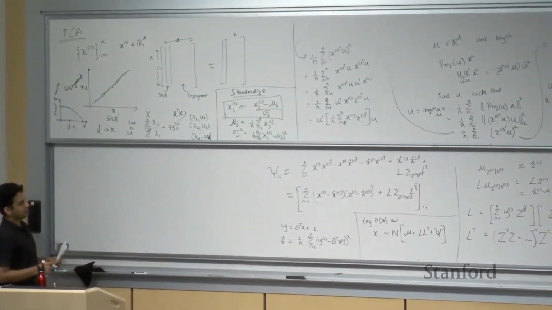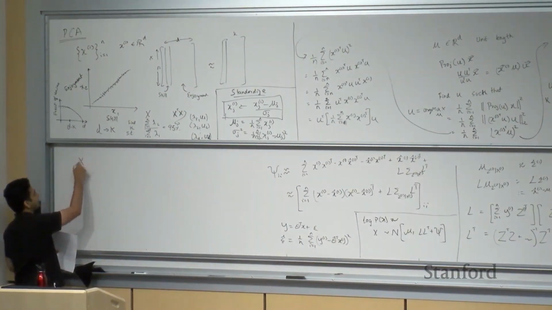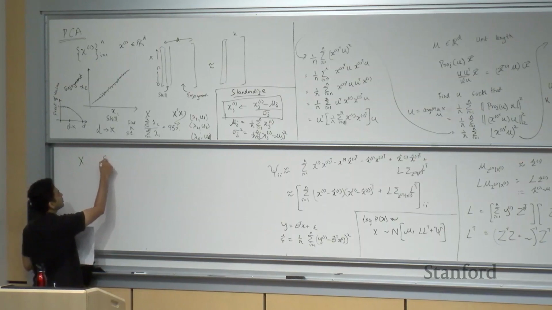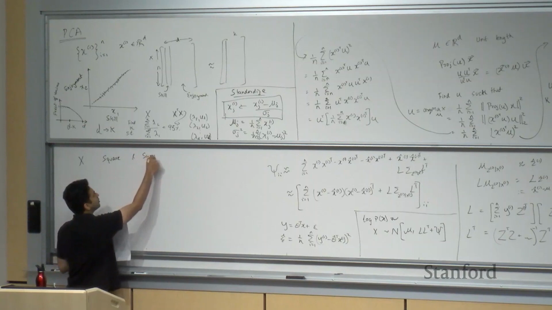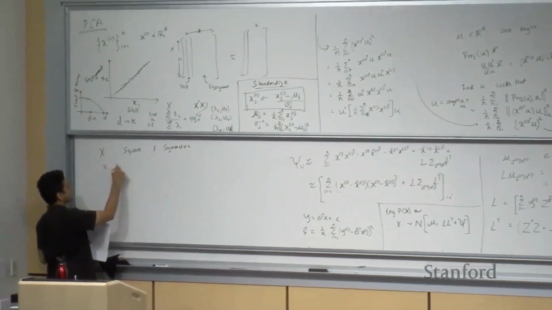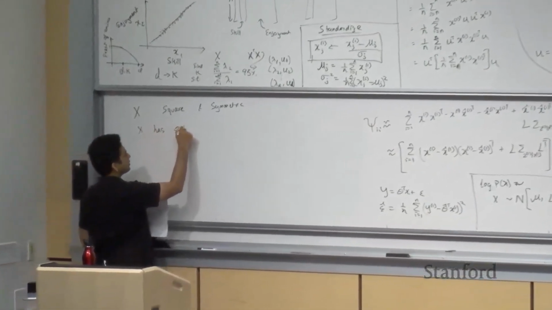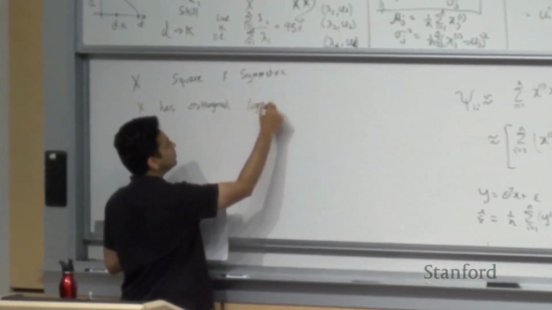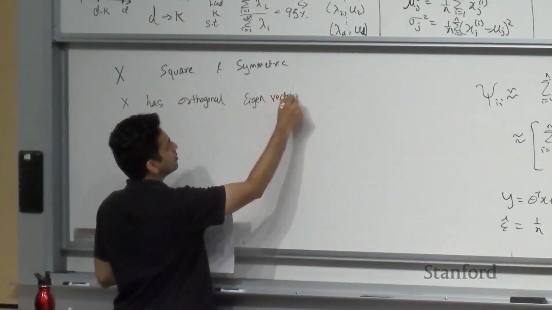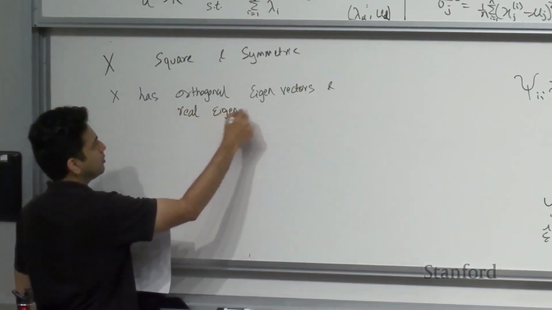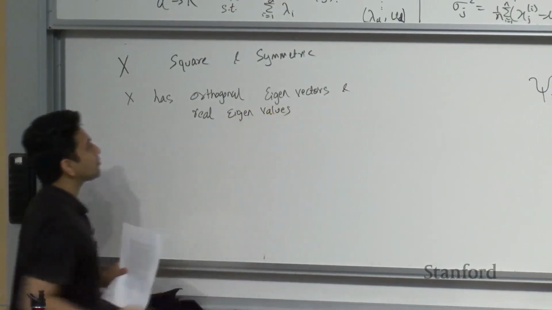Maybe we covered this in one of the earlier lectures, but if you have a matrix X where X is square and symmetric, then X has orthogonal eigenbases, eigenvectors, and real eigenvalues, right?